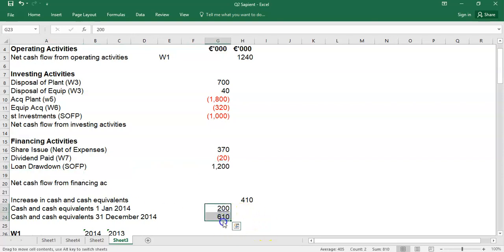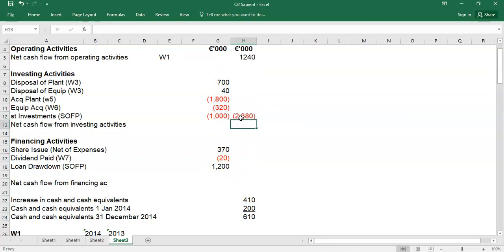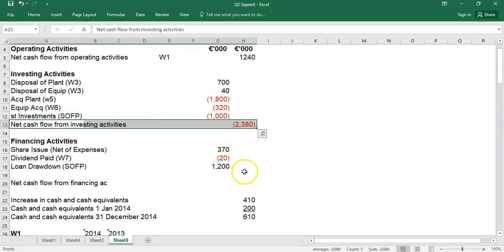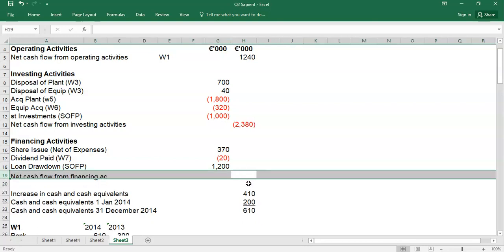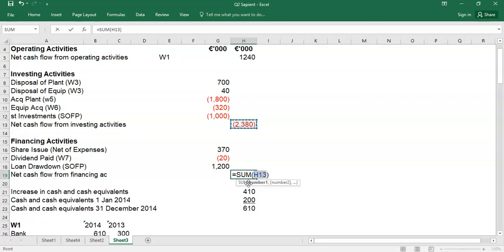Now, if we're doing our job correctly, when we tot up these, you see that we have subtotals. That's the net cash flow from investing activities. It's an outflow. That's the net cash flow from financing activities. It's an inflow.